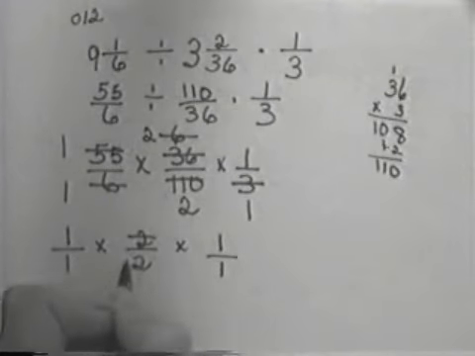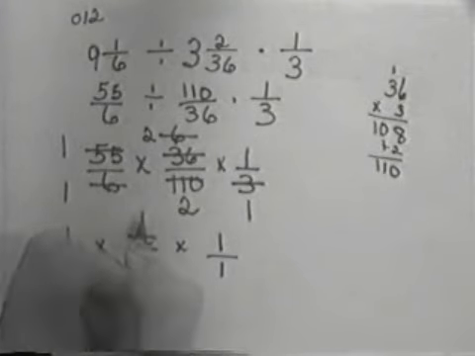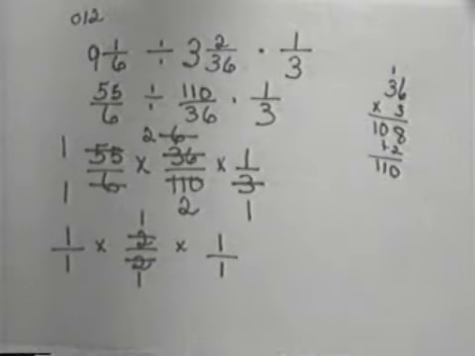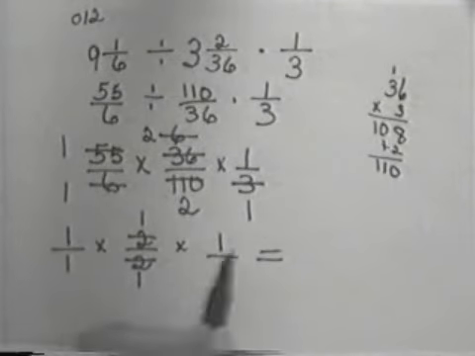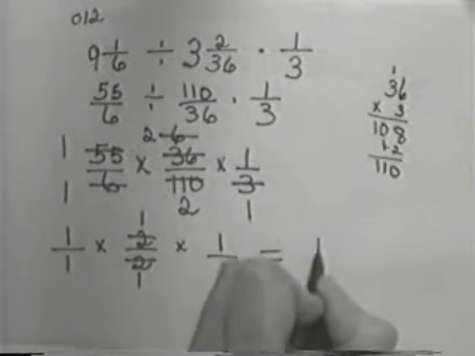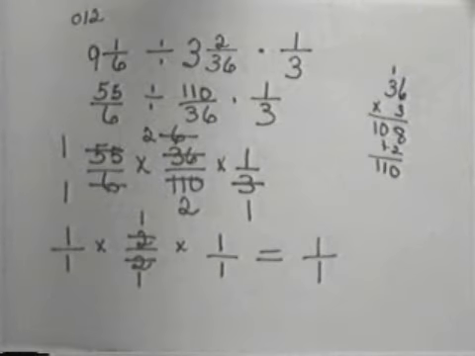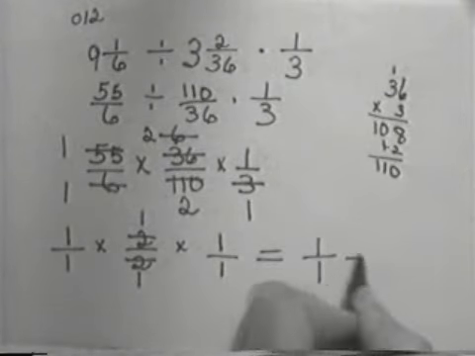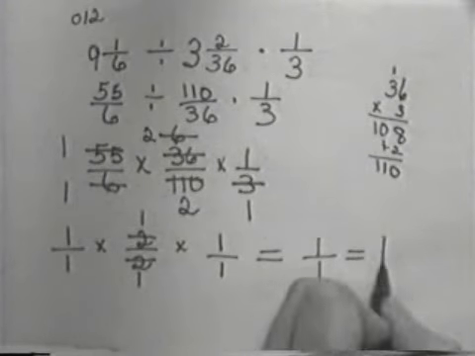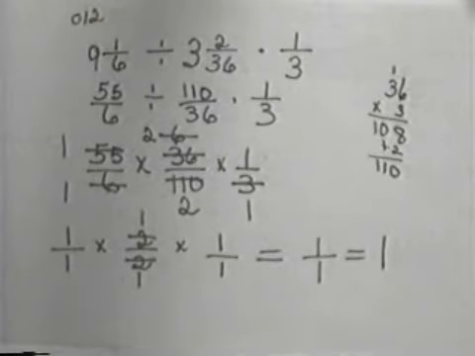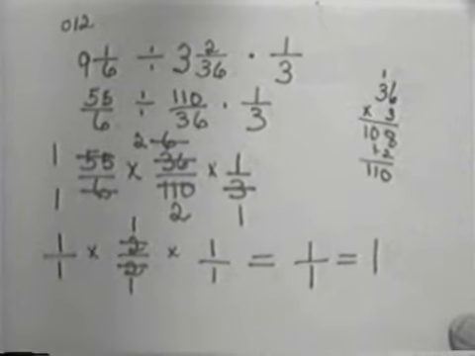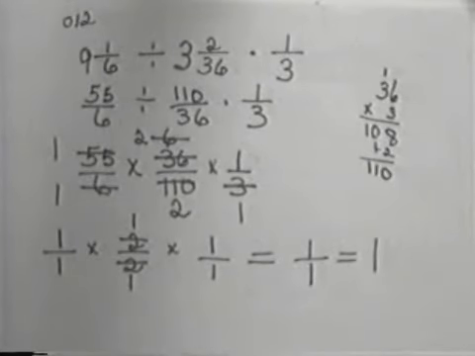So let's reduce it. 2 goes into 2 1 time, 2 goes into 2 1 time. Now I'm ready to multiply. I'm going to multiply all those 1's in the numerators. I'll get a 1. All the 1's in the denominator will give me a 1. So I end up with 1 over 1, which when it divided out gives you 1. So the answer to that problem is 1.